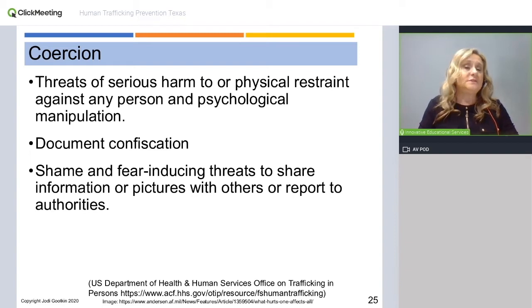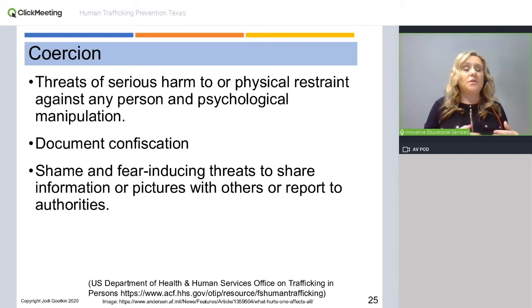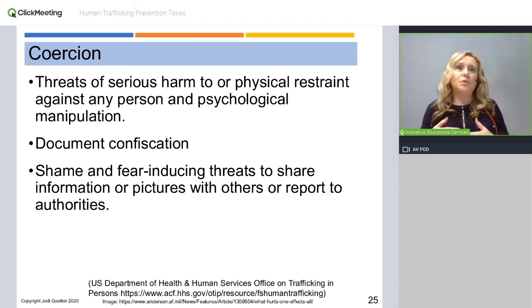The victims are often reluctant to come forward because the traffickers use this coercion to leverage their vulnerabilities, create dependency on the trafficker, and the individual may be so concerned about harm that they continue in the trafficking situation, or they're compliant because they're so embarrassed about the situation they're in or what will be told to other individuals about what they're participating in, that they just feel like they have to continue in the situation.